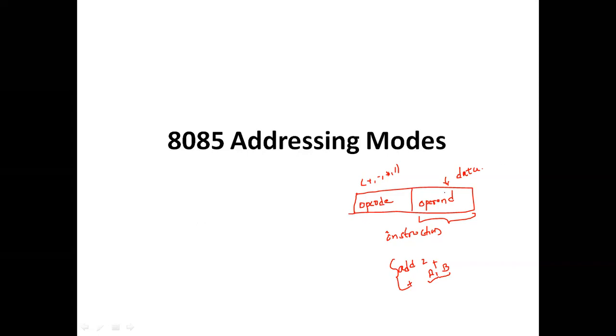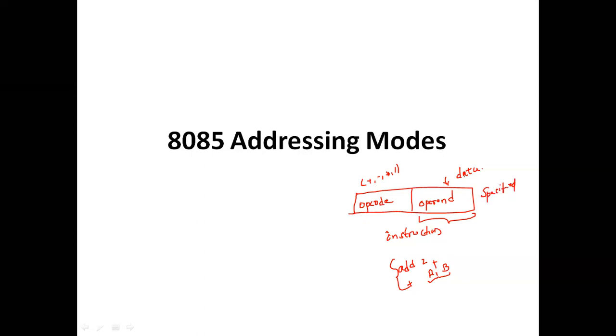When we talk regarding microprocessor programs, if you want to do any sort of thing, that data is going to be specified in the operand portion. How the data is going to be specified is what the addressing mode tells. What do you mean by specified?